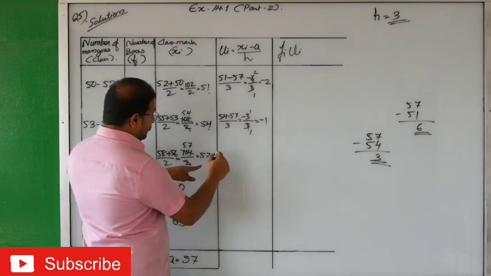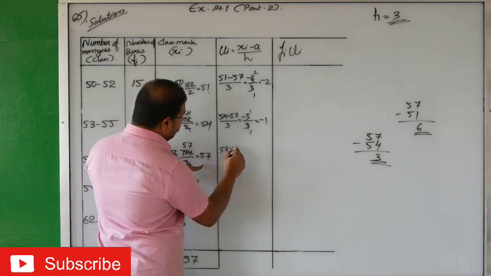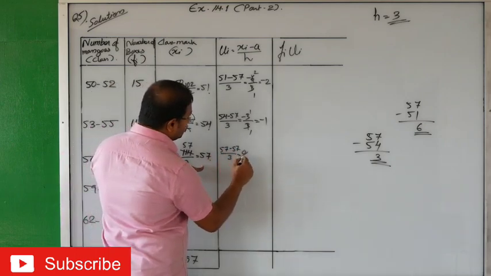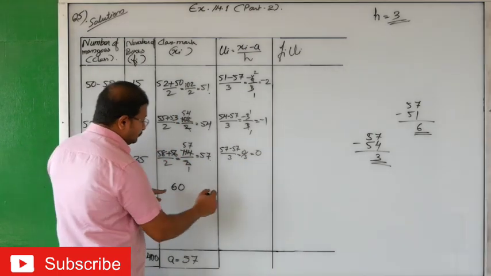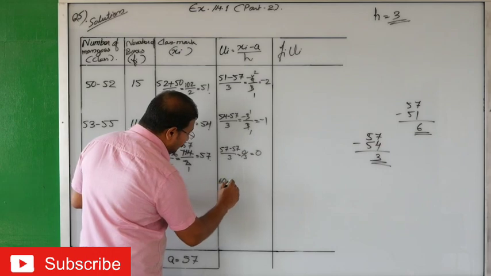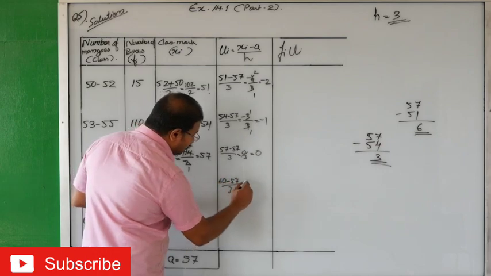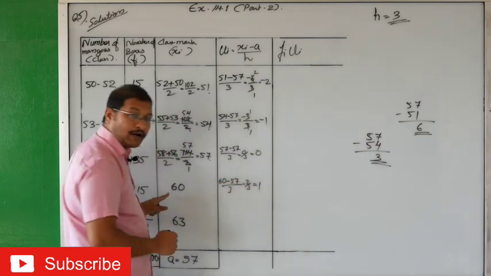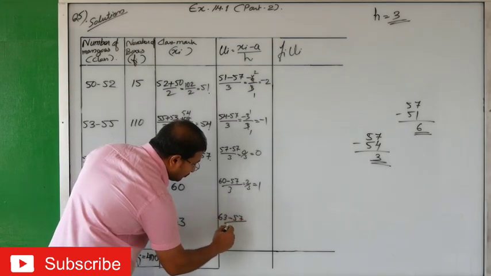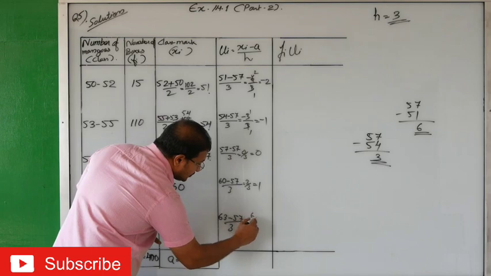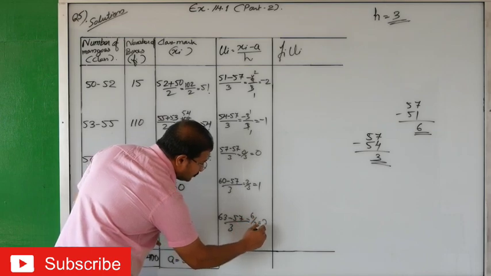Next step, 57 minus 57 by 3 equals 0 by 3 equals 0. Next, 60 minus 57 by 3 equals 3 by 3 equals 1. Next, 63 minus 57 by 3 equals 6 by 3 equals 2.